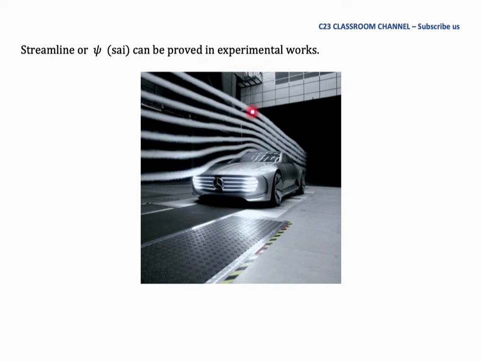So this is the very common picture that you could get on the internet, or I think you already know that sometimes supercars or sports cars are evaluated in a wind tunnel, and then we will use a smoke generator to create smoke like this, and the smoke will flow into the wind tunnel, and then it will create a line like this. So this line is actually the stream function or the streamline. So that means the streamline that we will calculate later on can be represented in experimental work.